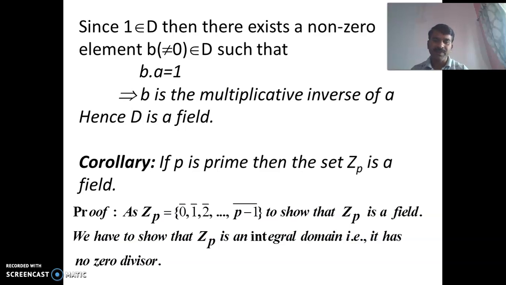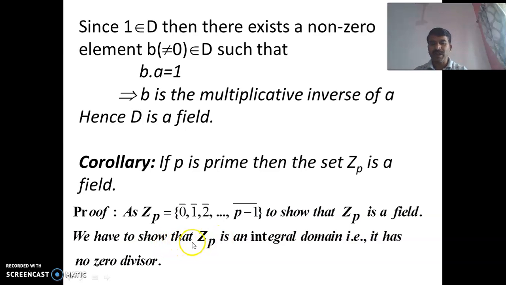If p is prime, then the set Zp is a field. As we know, the integer system modulo a prime number is a field. So now we shall prove this result by taking Zp as 0, 1, 2, up to p minus 1, to show that Zp is a field.